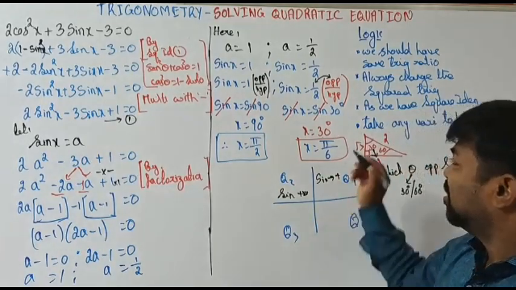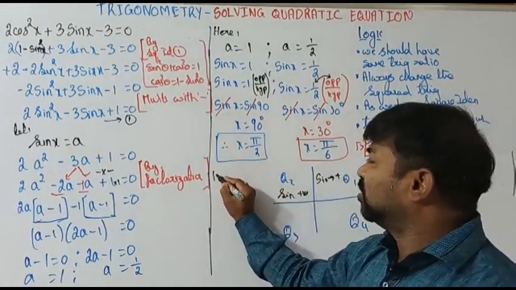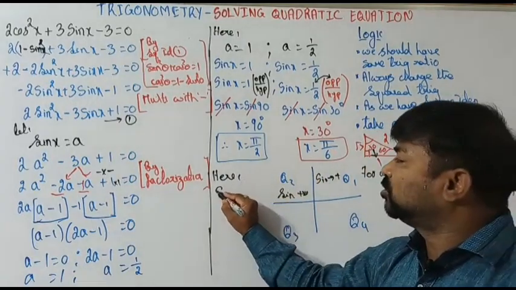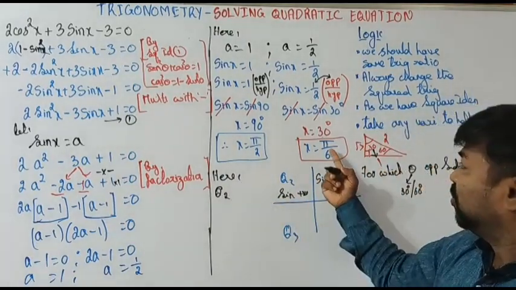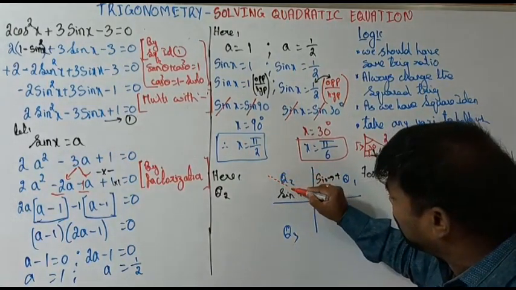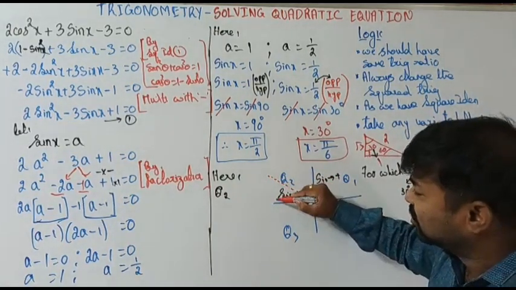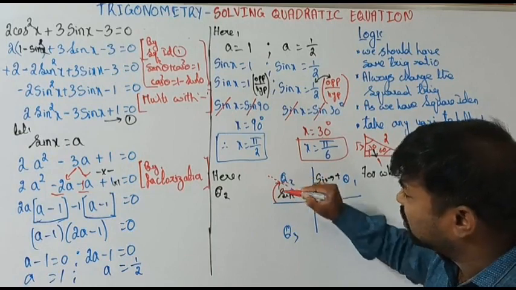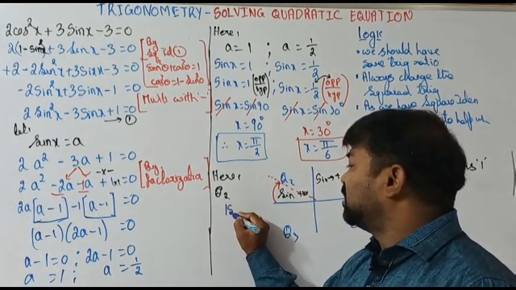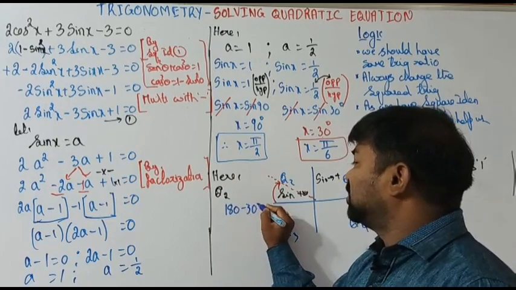So here I am going in a different way. Now I am thinking about quadrant 2. In quadrant 2, if you go for the angle here, this is the angle I am considering, that is 180 minus 30 degrees. Why?